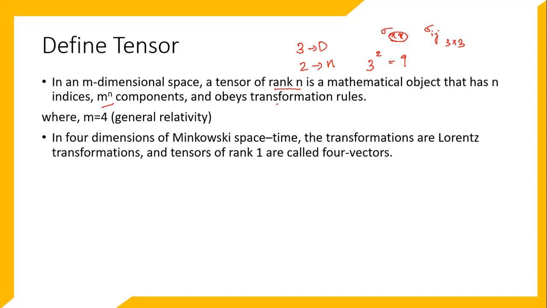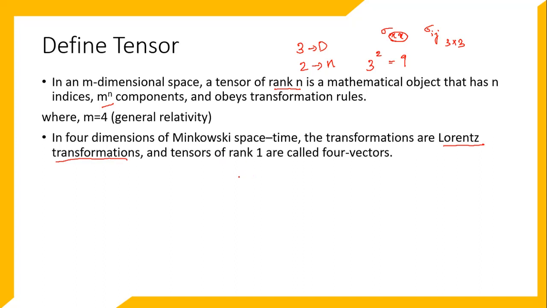The transformation rules in three-dimensional space are the ones we use to go from a Cartesian coordinate system to a spherical or polar coordinate system. But in the case of four-dimensional space, that is the Minkowski space, the number of dimensions is 4, and the transformation we call upon is the Lorentz transformation.